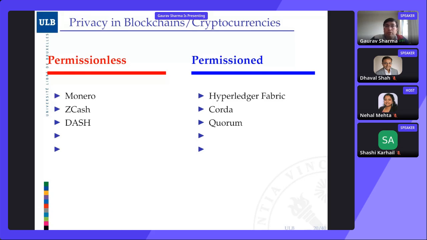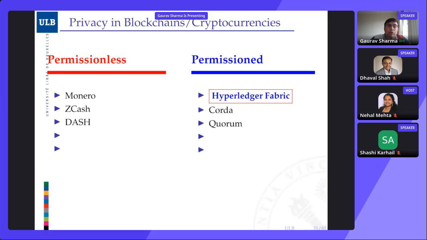Although there are many more cryptocurrencies or blockchain systems which are trying to provide privacy of some sort, these are the ones which have significant research behind them. So in the coming slides, I will particularly talk about Hyperledger Fabric, how they are providing privacy to their system. And then if the time allows, I will talk briefly about permissionless blockchains.